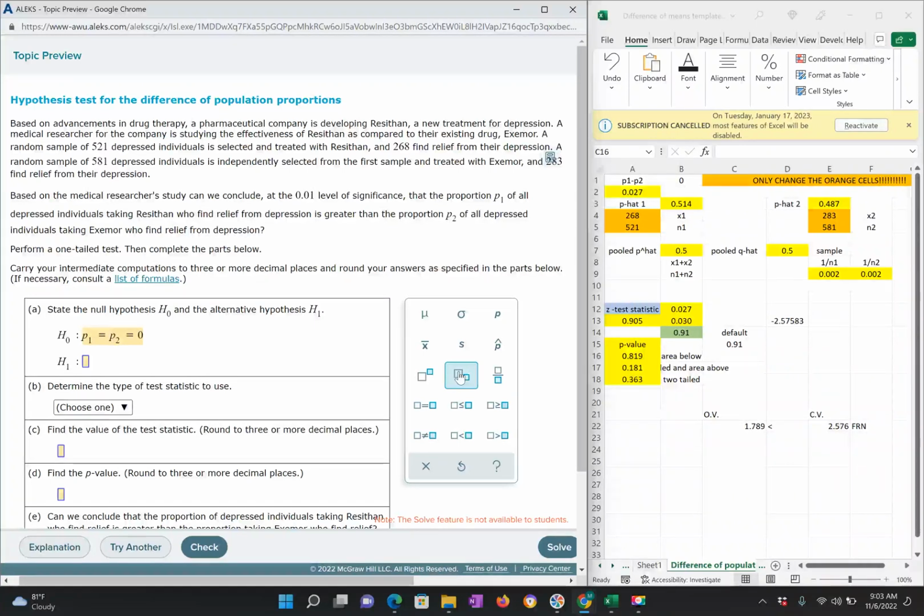I'm almost tempted to do this a little differently just for funsies. Let's try this. We'll leave it at P1 equals P2 since this said greater than, right? So according to this, we will label proportion 1 Recithium. So that'll be our P1. And I'm going to go with is greater than P2. Let's see if it likes this notation. I'm curious.